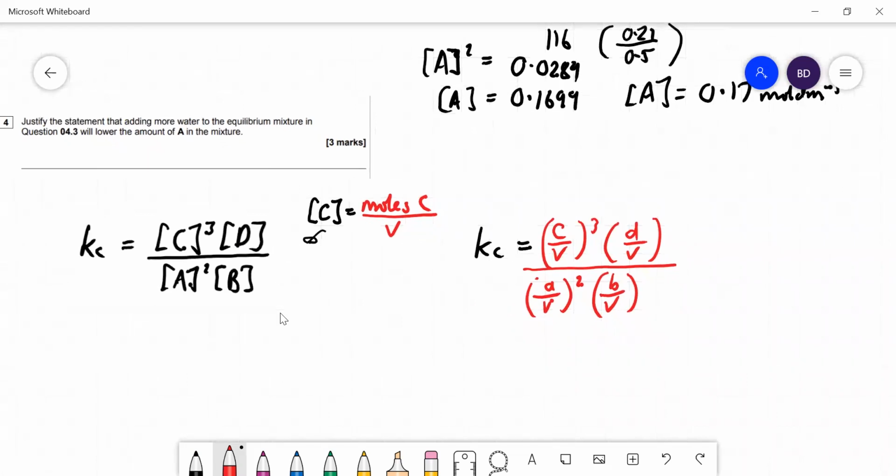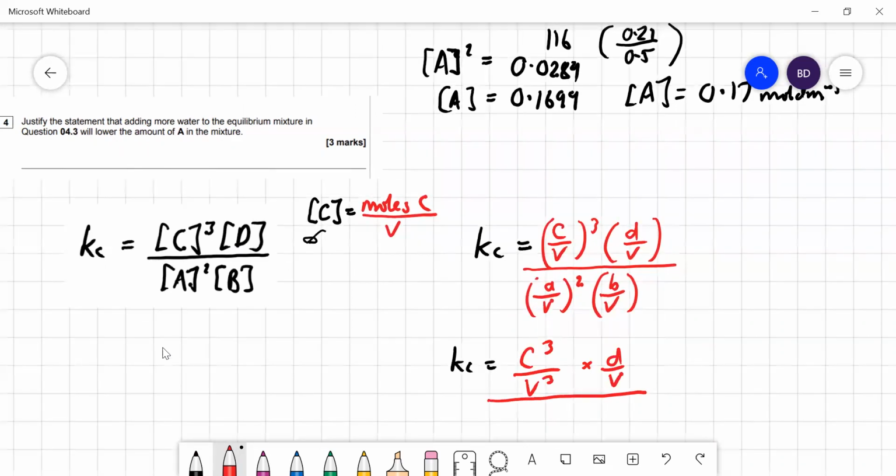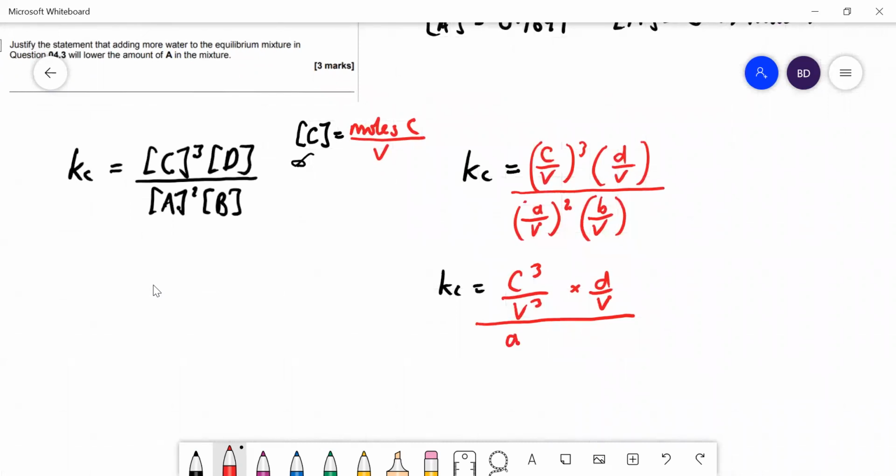Kc is equal to C cubed over V cubed multiplied by D over V, divided by A squared over V squared multiplied by B over V. Now, loads of these V's are going to cancel out.